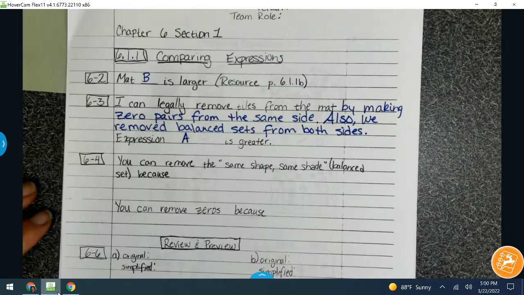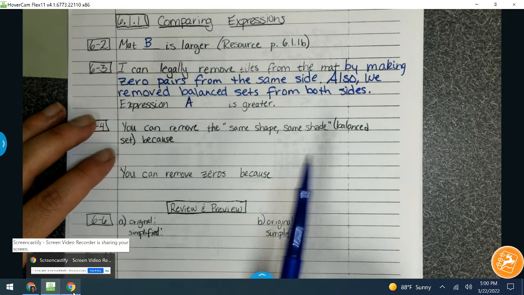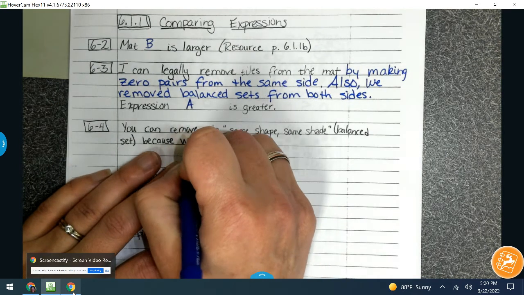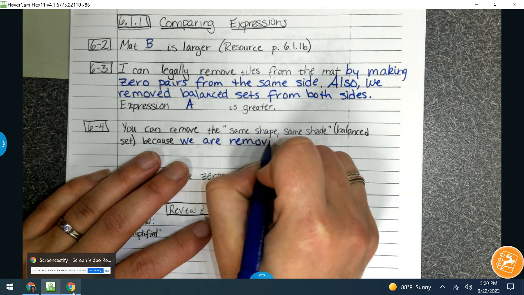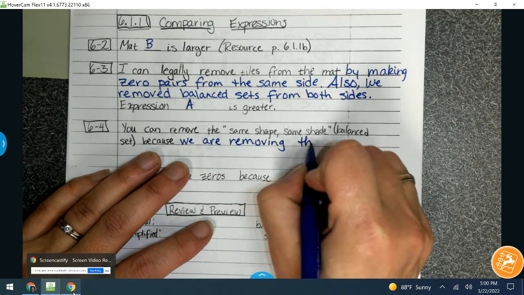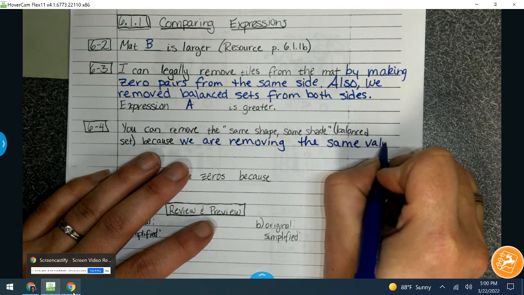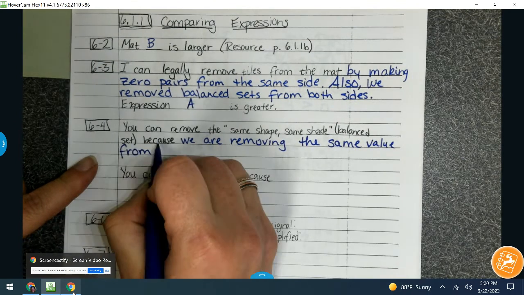So with this one here, we can remove the same shape, balanced sets, because we are removing the same quantity, same value, from both sides.